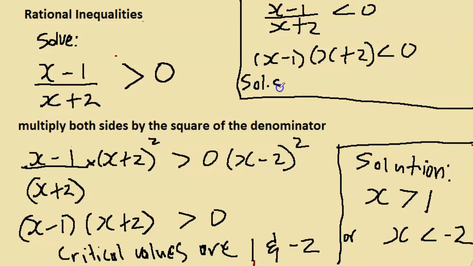So the solution set would be x lies between the two values. In other words, x would be less than the larger value, which is 1, but greater than the smaller value, which is negative 2. So x would lie between the two critical values. So that's an alternate way of working these problems.